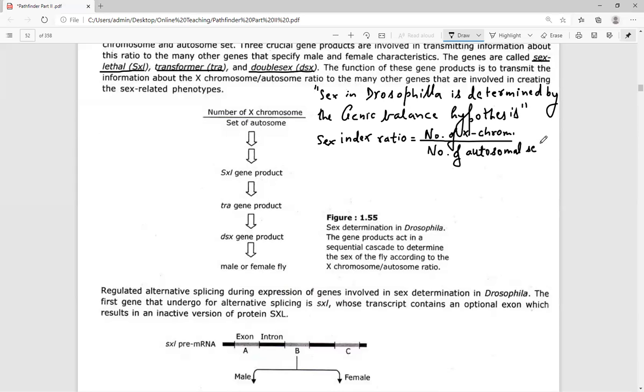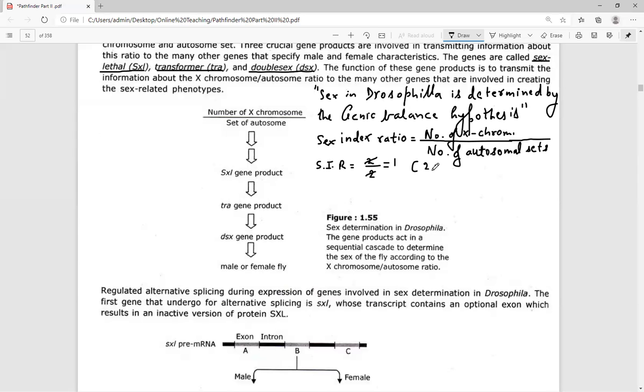Okay. So we all know that the sex index ratio in the case of Drosophila, where the number of X chromosomes equals 2 and the number of autosome sets equals 2, is equivalent to 1. Now see this. Which type of Drosophila is this?